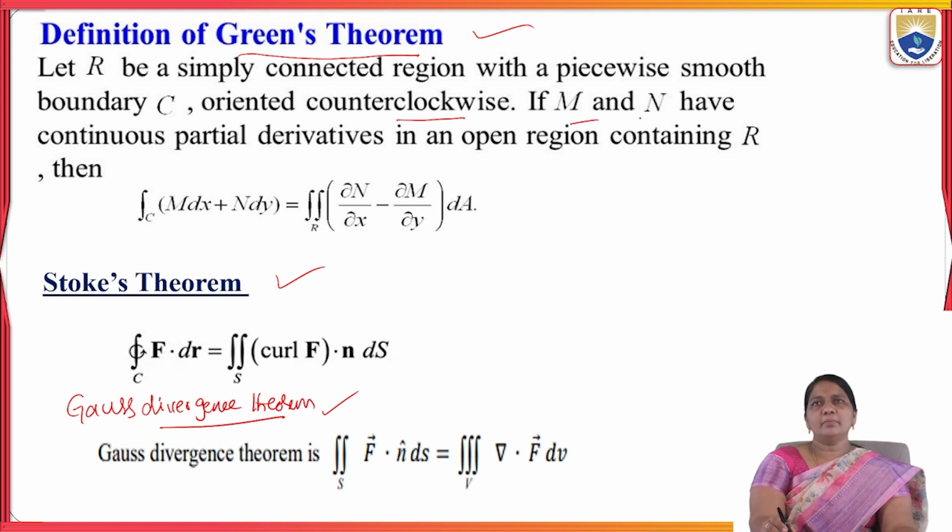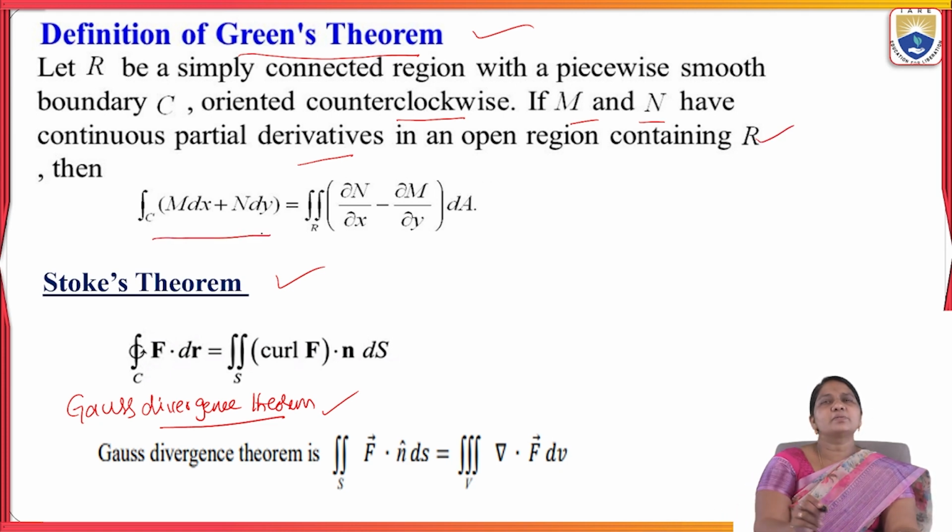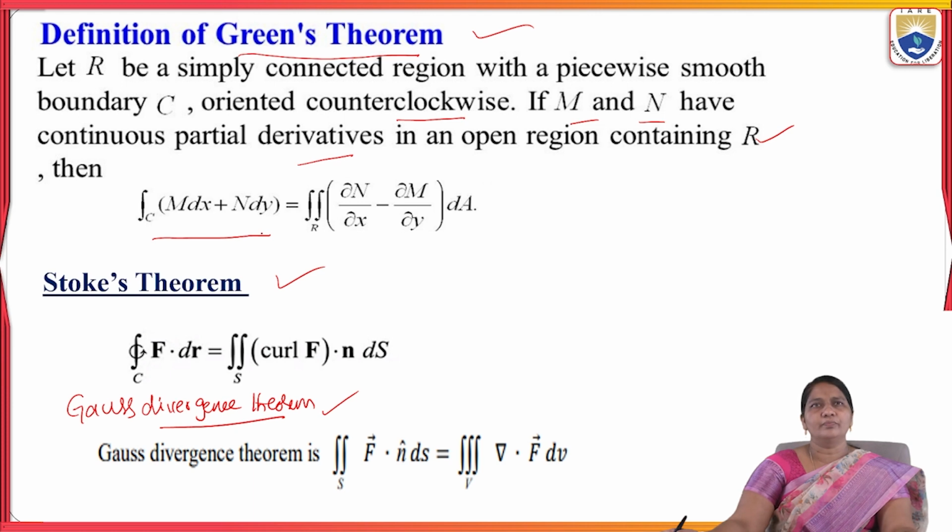If M and N have continuous partial derivatives in an open region containing R, then the integral over C of M dx plus N dy is equal to the double integral over R of (dou N by dou x minus dou M by dou y) dA. Here dA is the area element, which we can write as dx dy.